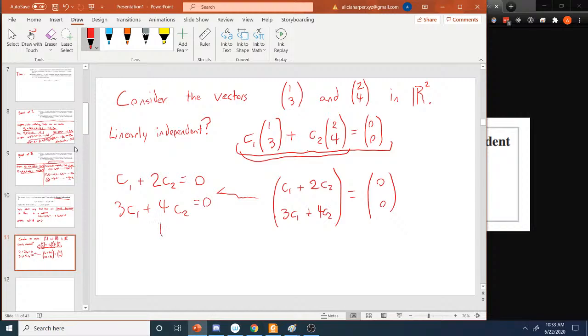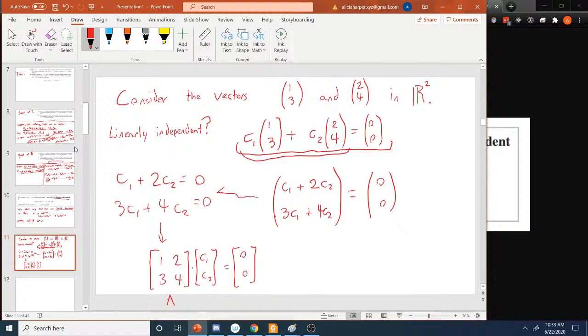Of course, we can understand this as a matrix equation, where the matrix has 1, 3 in the first column and 2, 4 in the second, C1, C2 is getting multiplied by it, and this is set equal to 0, 0. Why don't we call this matrix right here A?